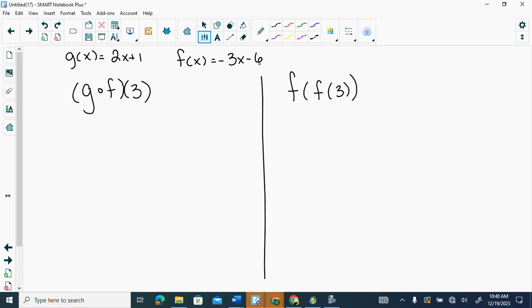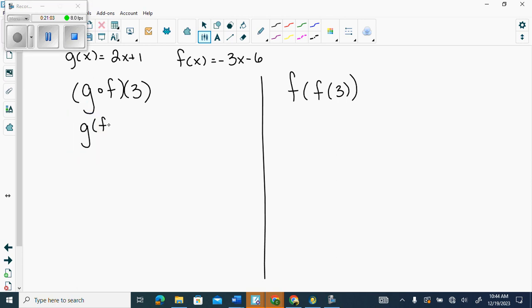Let's go. See if you can figure out what you need to do. This one we're going to get g of f of 3.